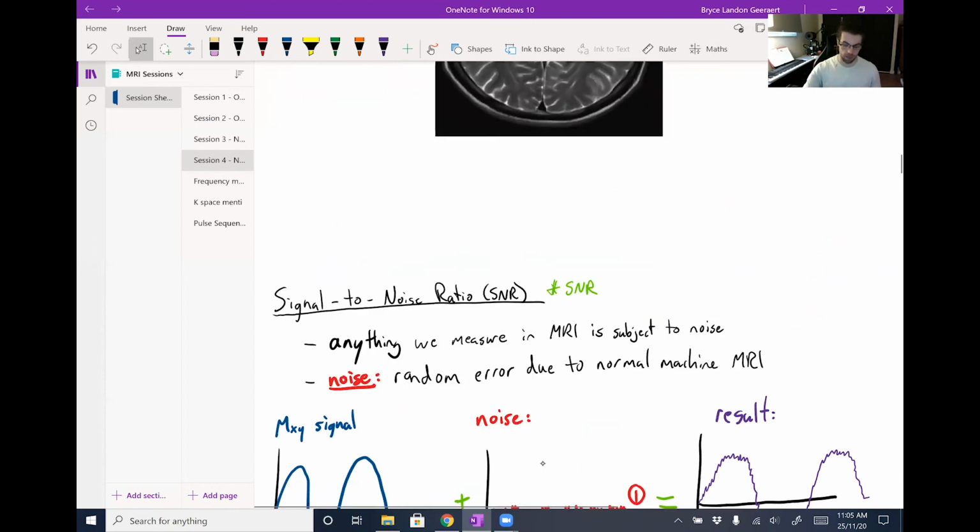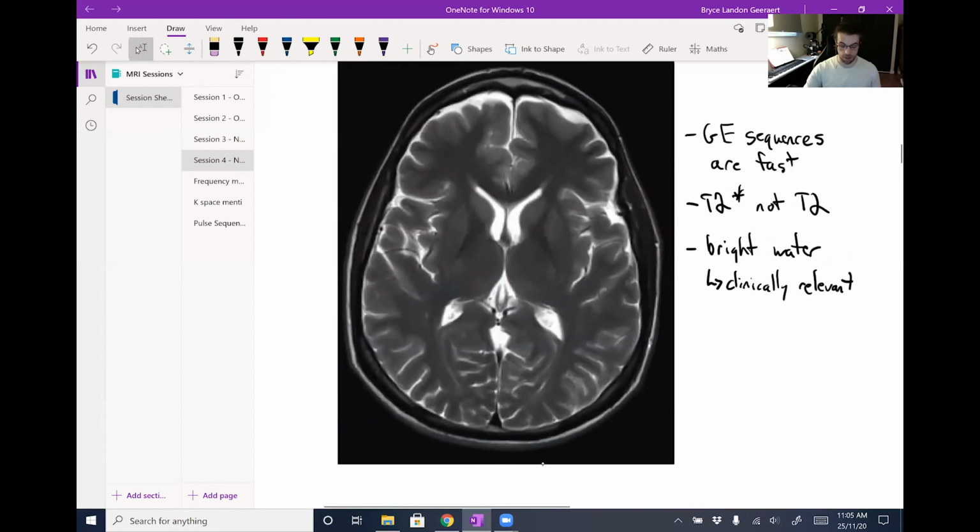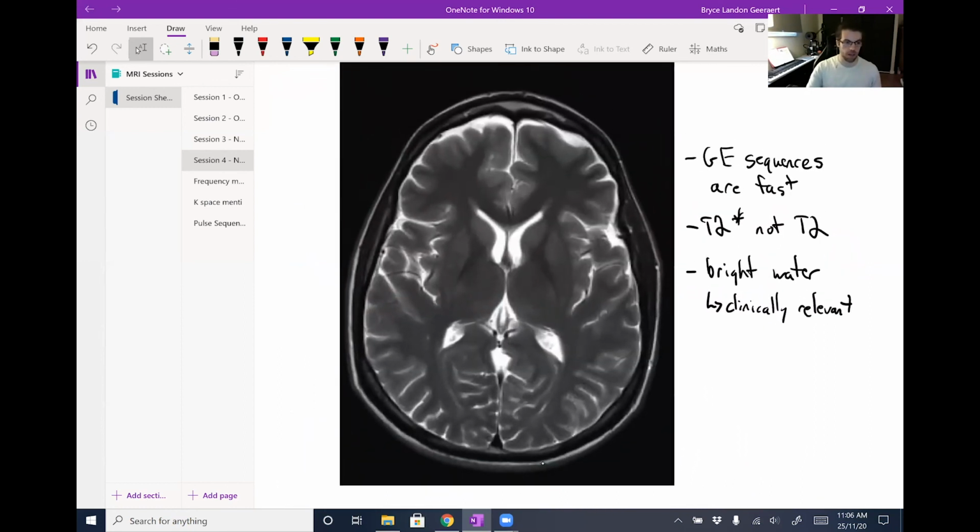So the reason that we're able to take an image as nice as this one of the brain is because we've increased our SNR in other ways. In this case, we're using a 7T scanner instead of a 3T or a 1.5T. Generally, when we increase our resolution, we can look at finer details between structures, for example, here you can see some subcortical structures between these dark white matter tracks, which might be harder to image on a lower quality scanner.